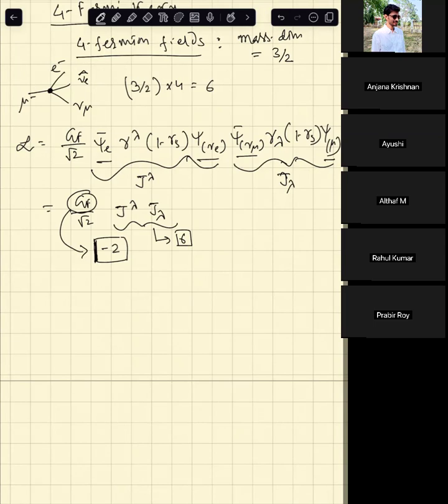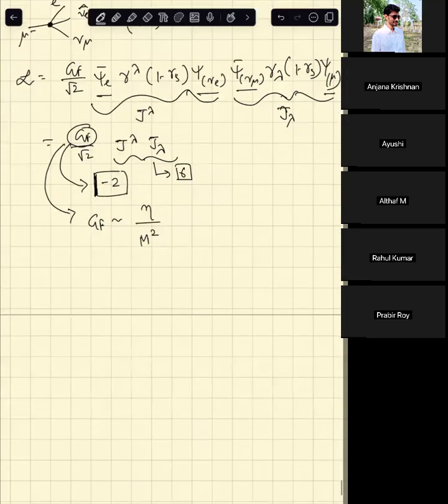You are perfectly correct. So what we can think of this G_F, at this point we do not know what G_F is, but it certainly looks like some dimensionless coupling divided by some kind of mass squared, so G_F should have a mass dimension -2. Now, what is this m square?